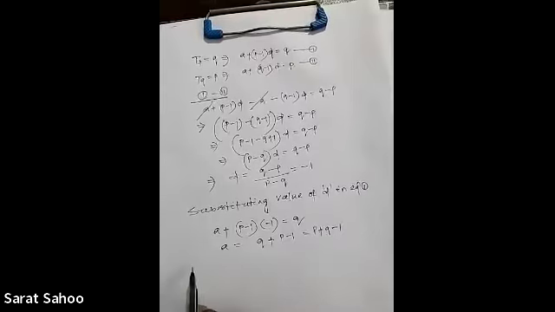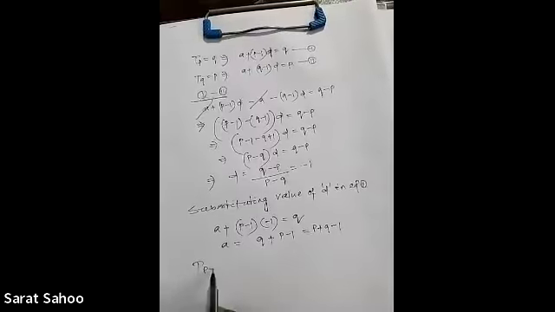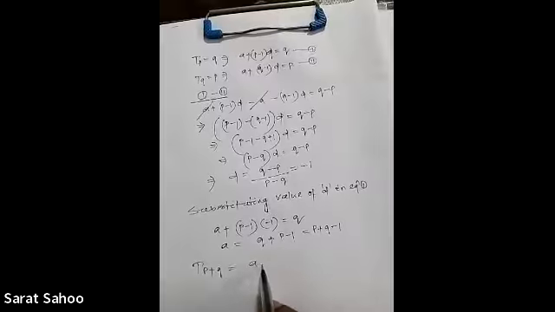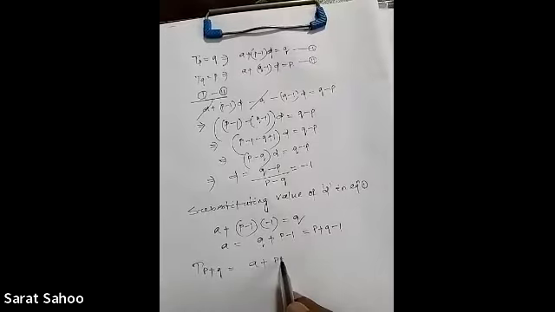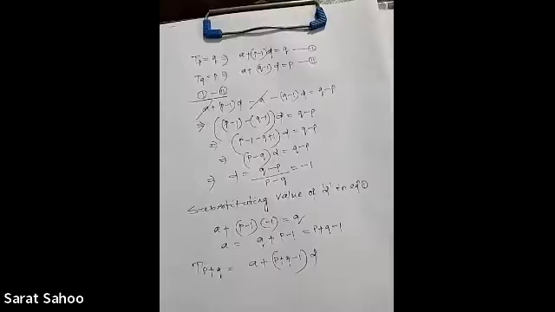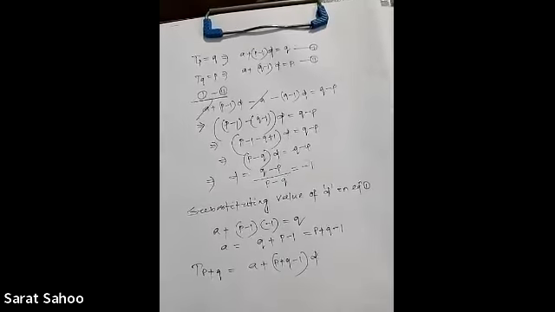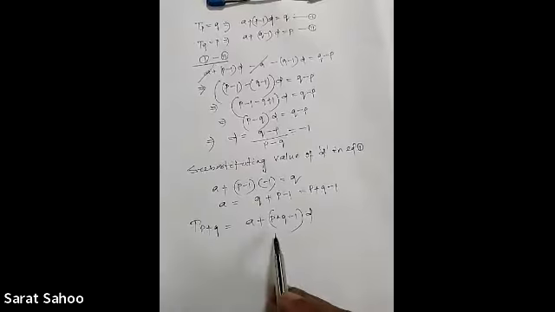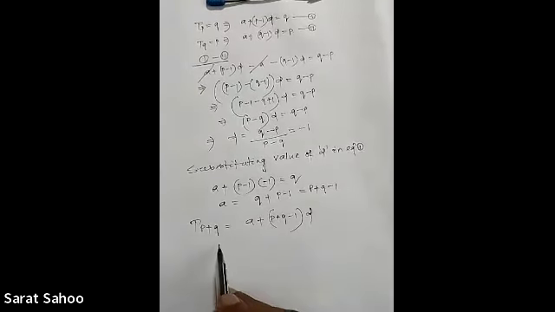Now we have to find out the T(P plus Q). T(P plus Q) is equal to A plus (P plus Q minus 1) into D. Tn is equal to A plus (n minus 1) into D. What is A? A is equal to P plus Q minus 1.